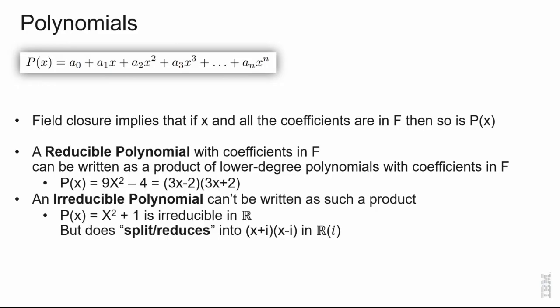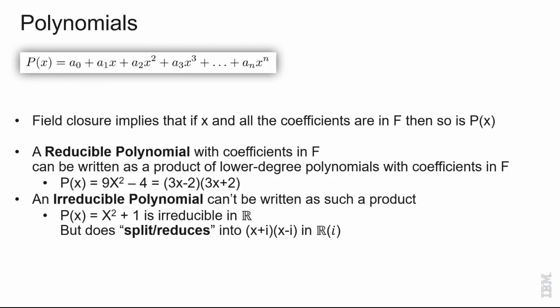So, for example, x squared plus 1 cannot be broken into lower degree polynomials in R, if you only allow coefficients in R. But if you allow your coefficients to come from R adjoin i, then you can break it up. Here we were able to break up the polynomial into a product of two terms because we allow ourselves to take coefficients from R adjoin i.